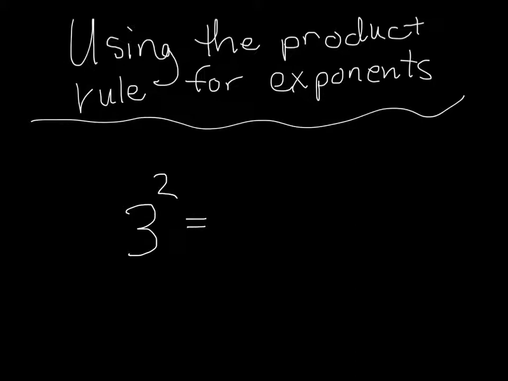Well, remember that the 3 represents what we call the base, and the 2 is called an exponent. And what that 2 tells us is that we take the base and multiply it by itself 2 times. In other words, 3 times 3. So that's what it means. So 3 squared is a shorter way of writing 3 times 3, right?